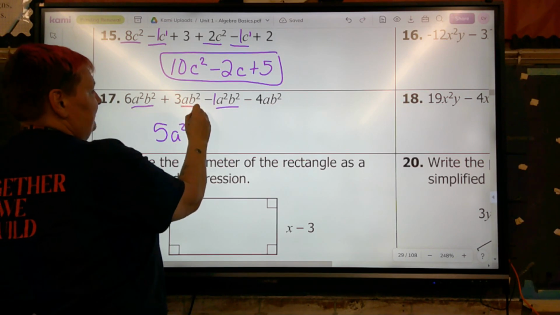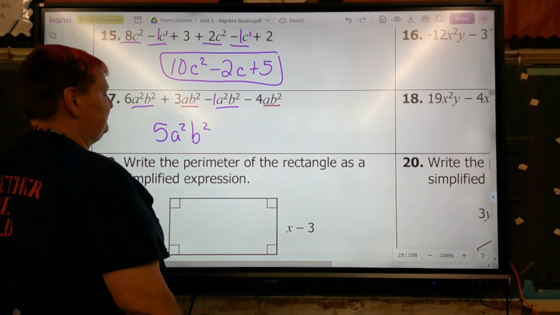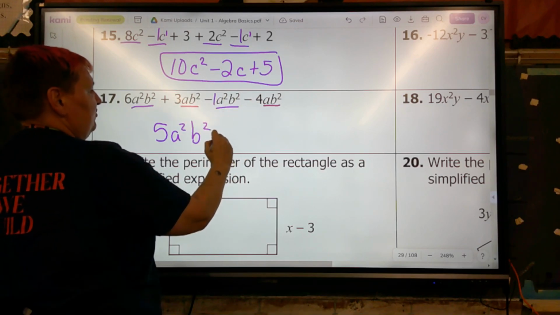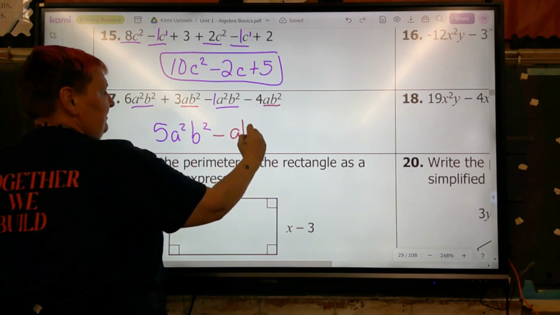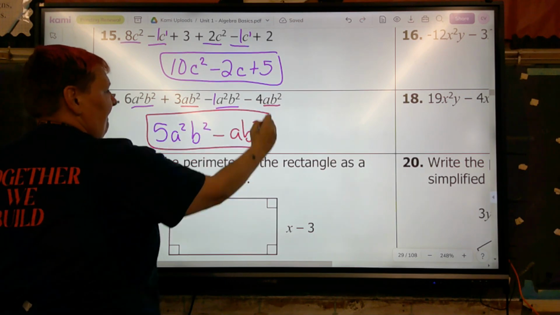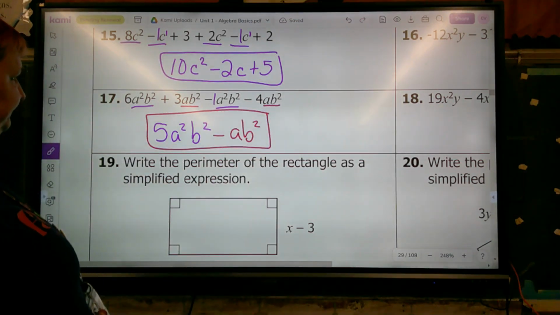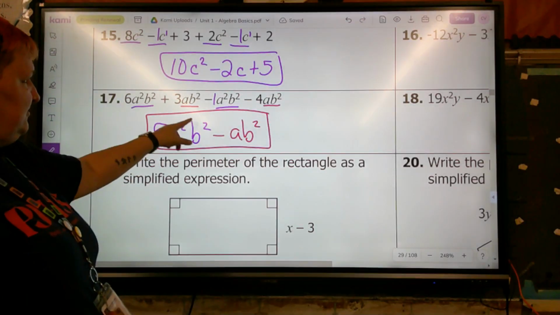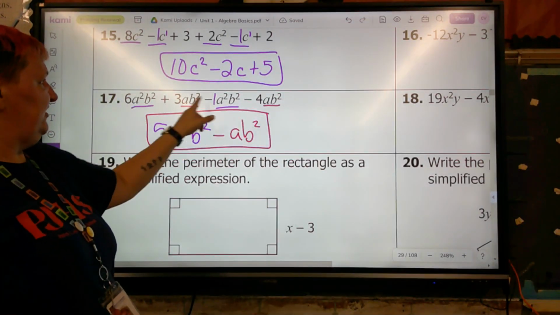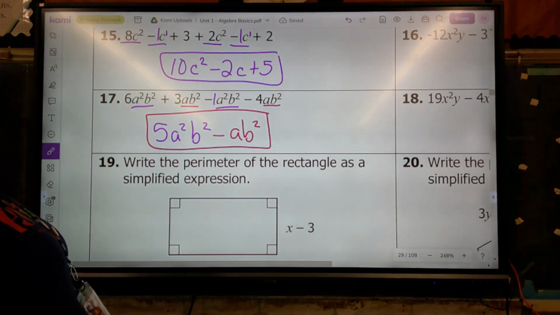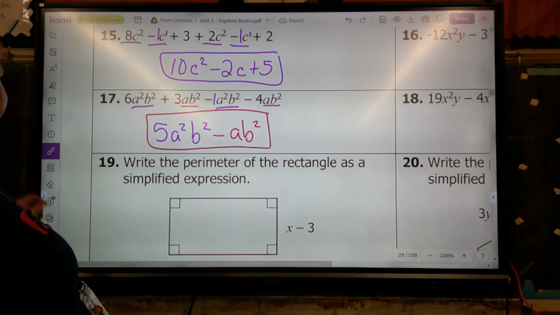And then ab squared can be combined with ab squared. So 3 minus 4 is negative ab squared. They have to be identical. a squared b squared, ab squared, they're very similar, but they are not identical.